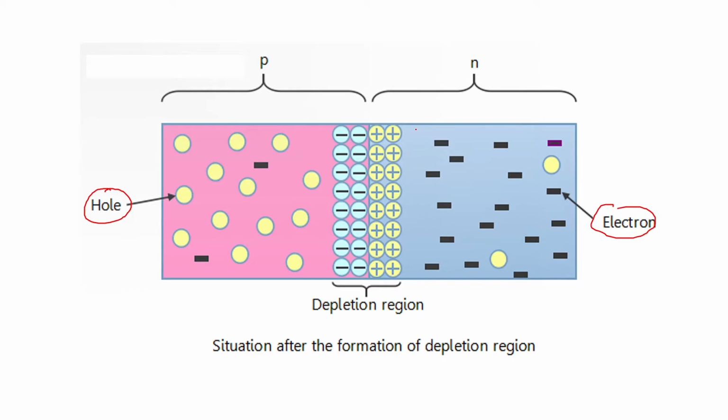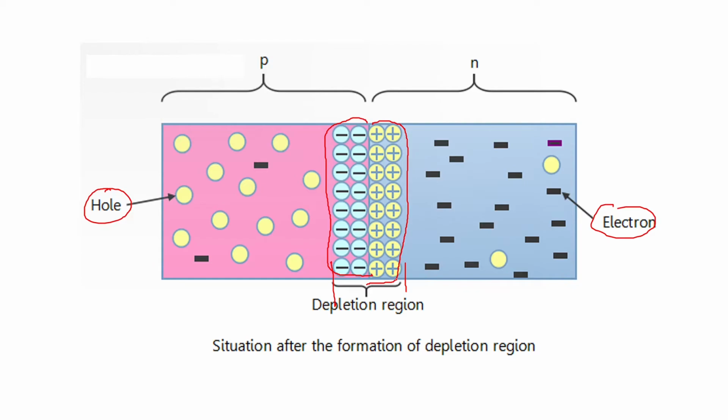We get the absent places of those charge carriers as ions, and we see that positive ions are formed in the n-type semiconductor near the junction, and negative ions are formed in the p-type semiconductor near the junction, and this area is called the depletion region.